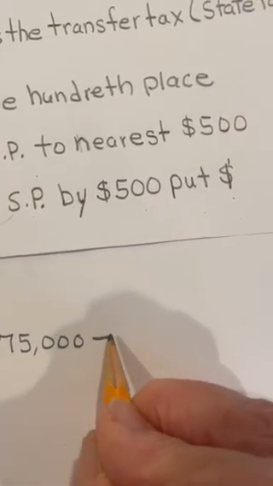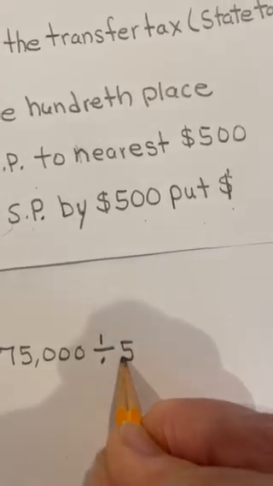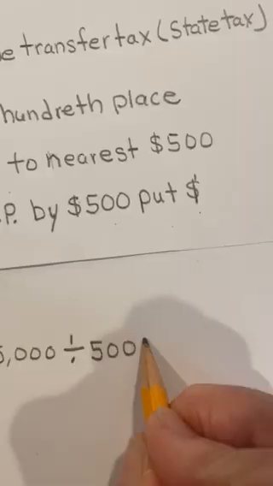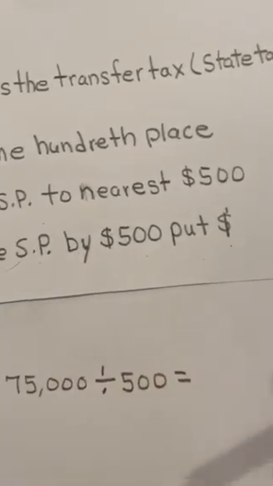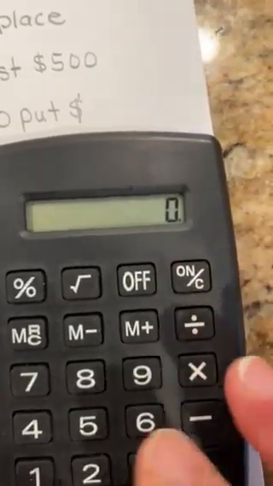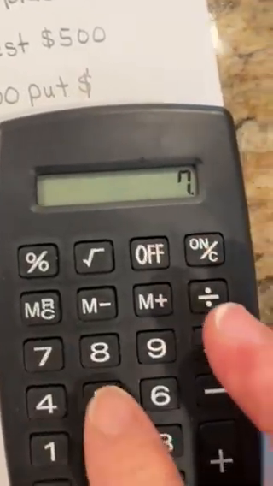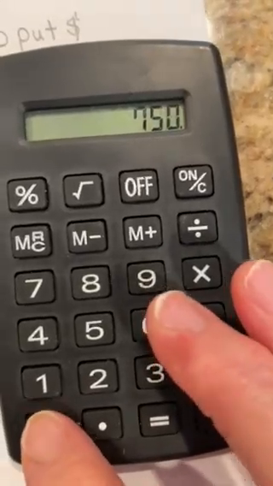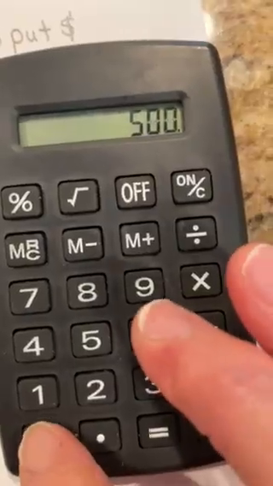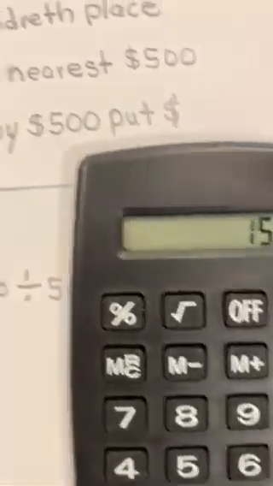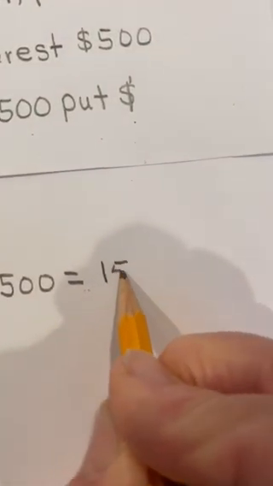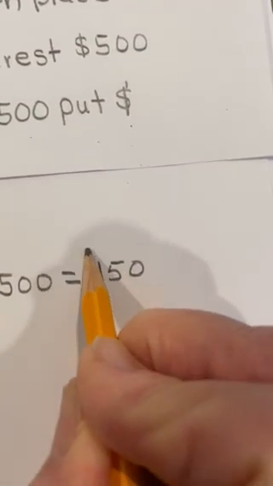Divide it by 500 to find the excise tax or the transfer tax. Let's do that on our calculator. 75,000 divided by 500 equals 150. And that's your answer for the first one for your excise tax or your transfer tax.